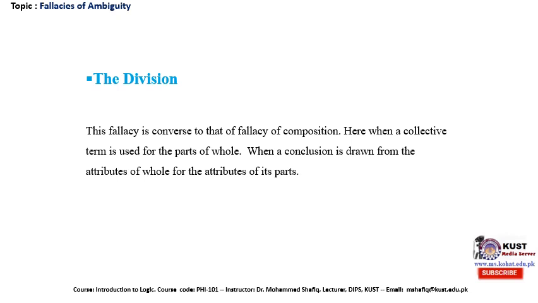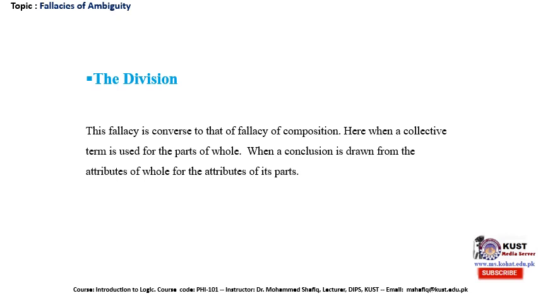This is actually the converse of the fallacy of composition. It is committed when we pass from a statement about a group or a collective whole to the same statement about each individual or member of that group.